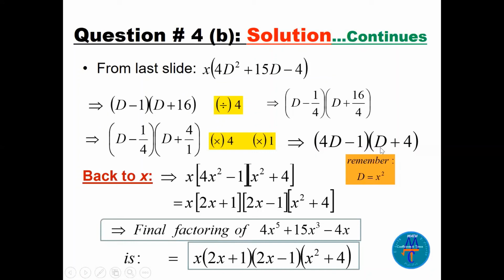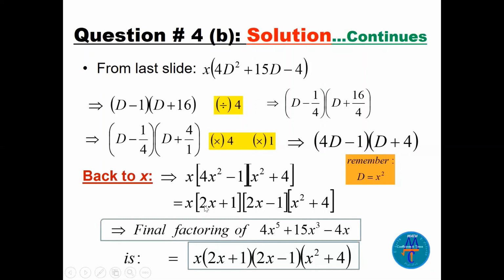Now remember, d is x squared, because back to x. So you put here, see we have x common factor, outside we leave it, 4x squared minus 1, and then x squared plus 4. Unfortunately, this one, x squared plus 4, we cannot factor in real numbers, so we leave it. But remember, this is difference between two squares. We have seen similar questions. 2x all squared minus 1 squared.